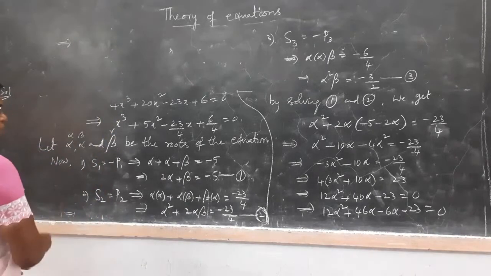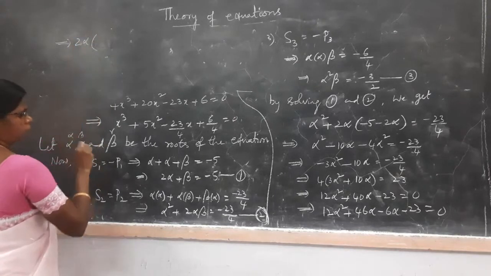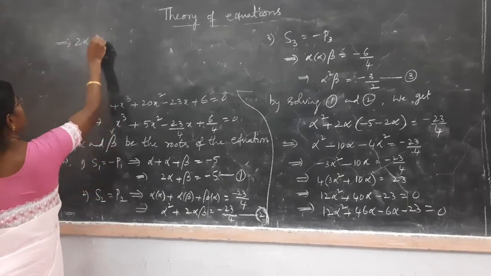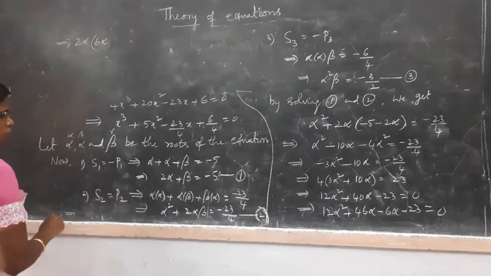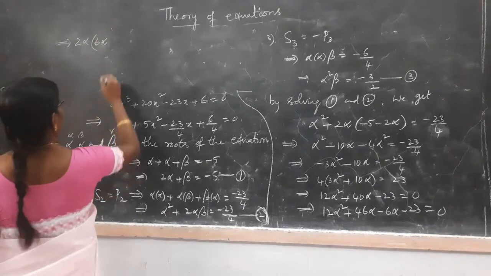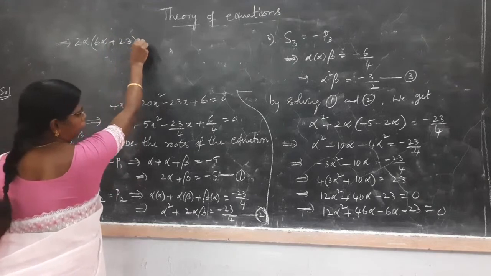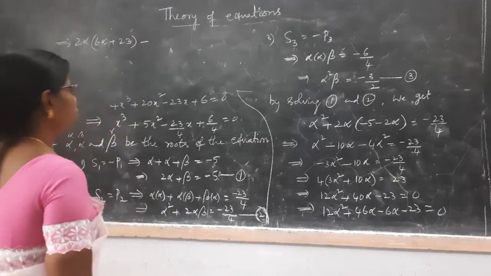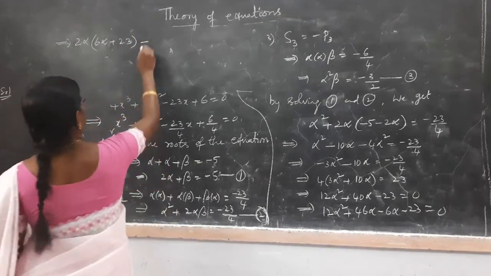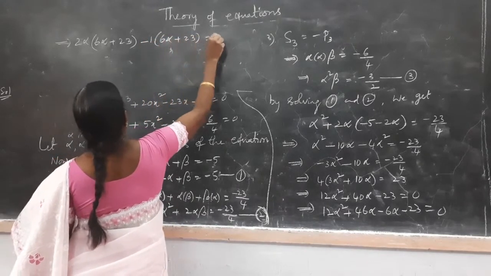2 alpha. 2 alpha. 6 alpha. Okay na? Plus 23 minus 1. 6 alpha plus 23 is equal to 0.